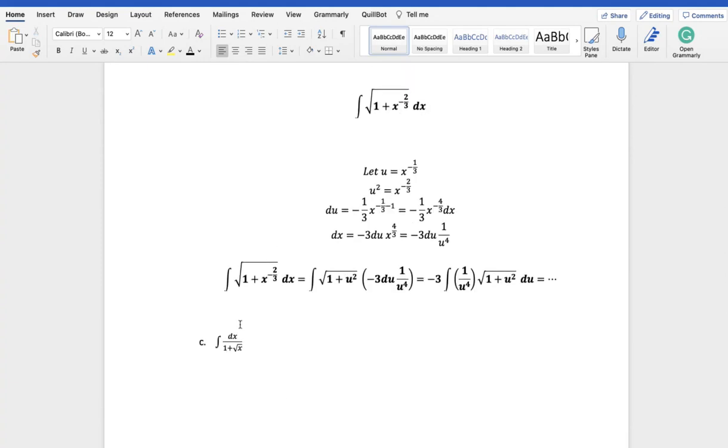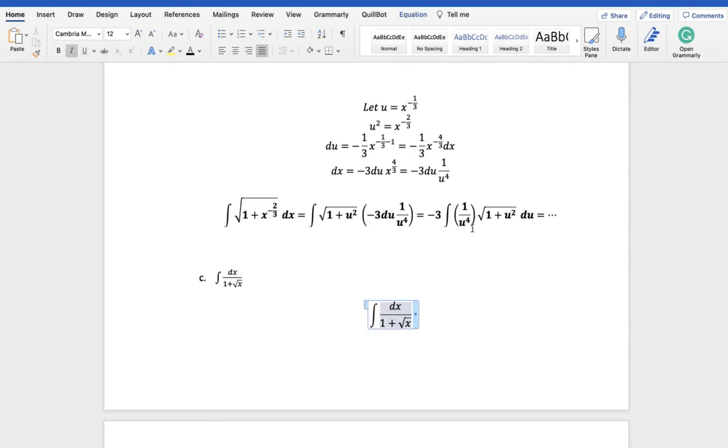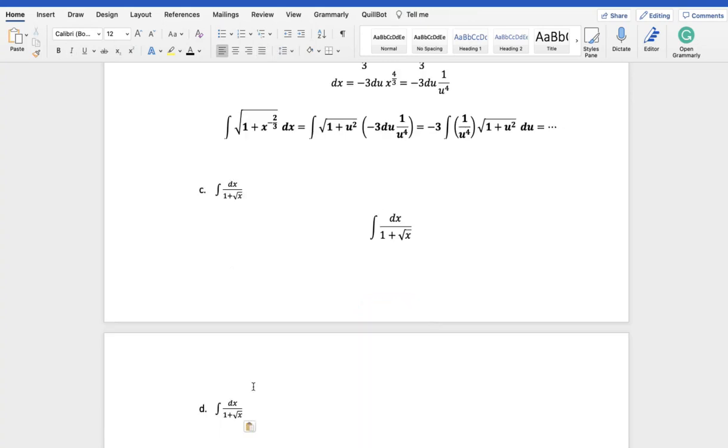And obviously for this question, you can try different substitutions, but since we're running out of time, I'll just give you a few suggestions on which substitution you should use, and then you guys can attempt it on your own. But first of all, what do you guys think we can use as a substitution for this problem?